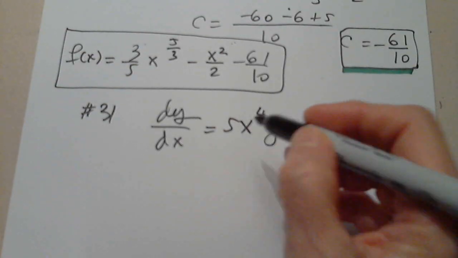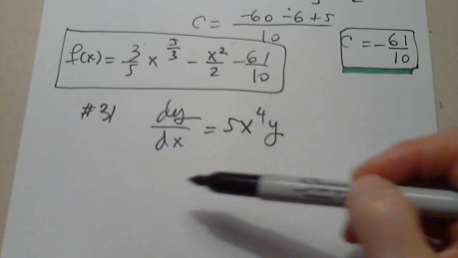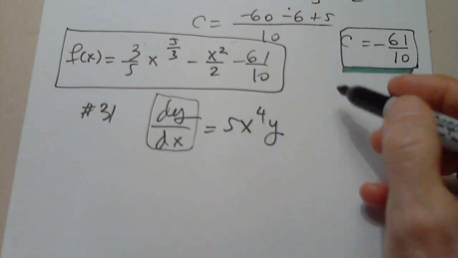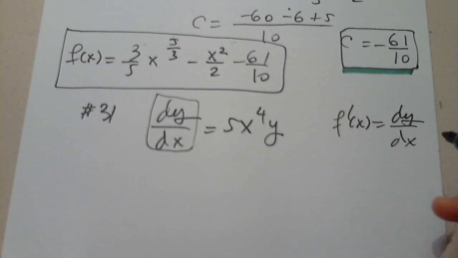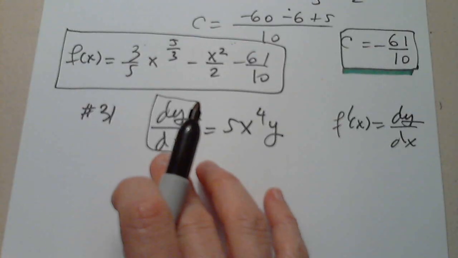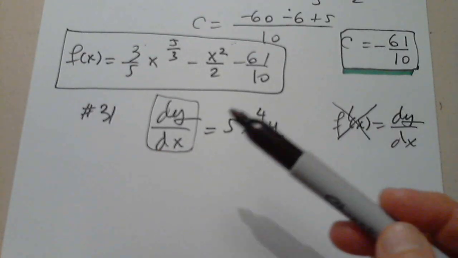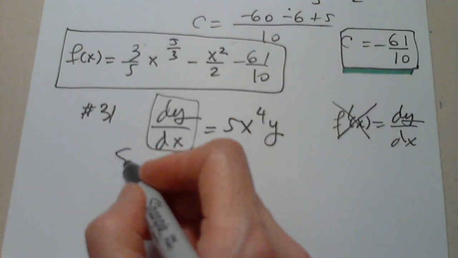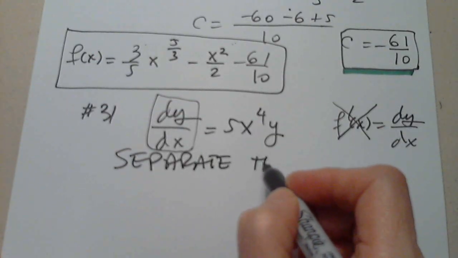Okay, so as you see, we have in this equation the Leibniz notation. We know that this f prime of x is the same as dy over dx. But the reason why it's not replaced, we have the notation dy over dx, is because we have to separate the variables.